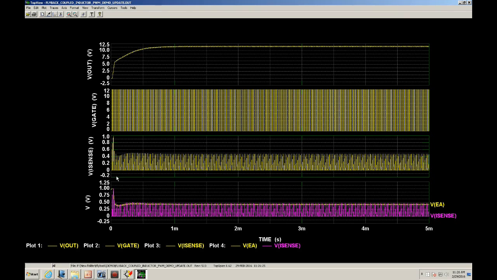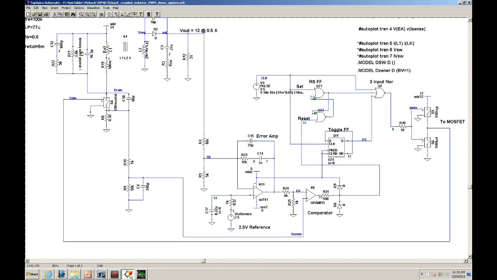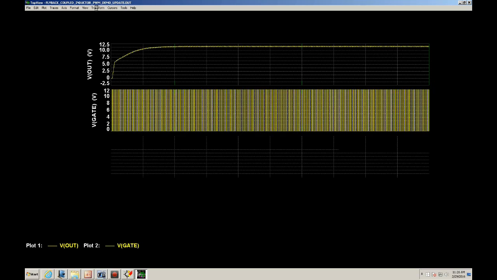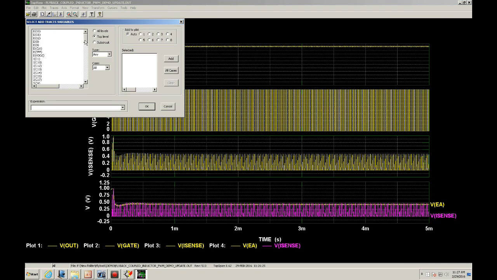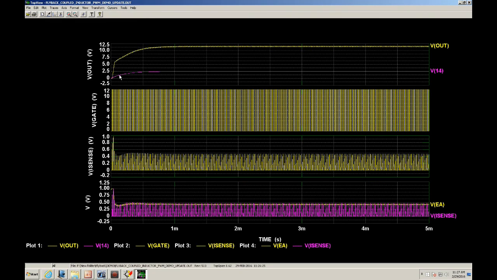Okay, and let me go ahead and plot this part. This is pin 14. That's the slow start, and I'm going to plot it here. So I'll add pin 14, and here you go.